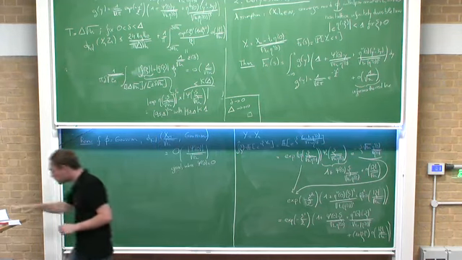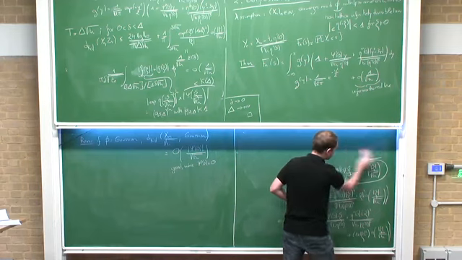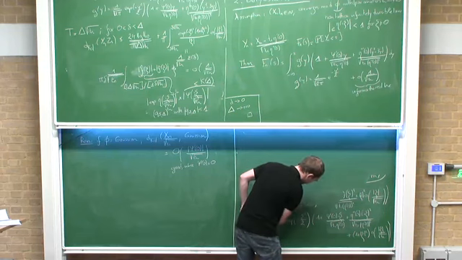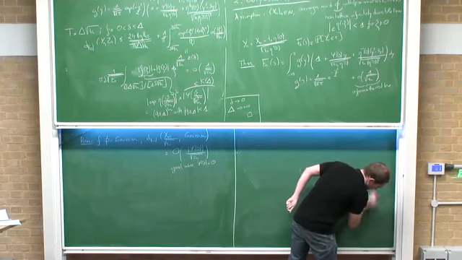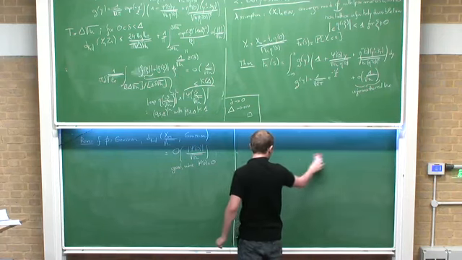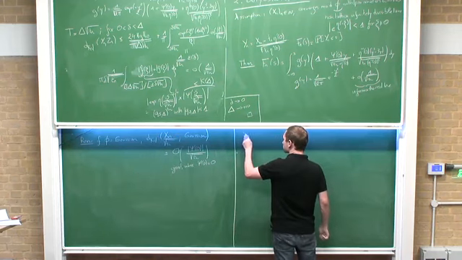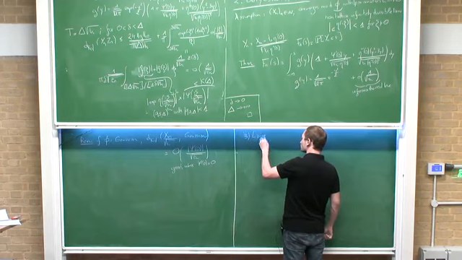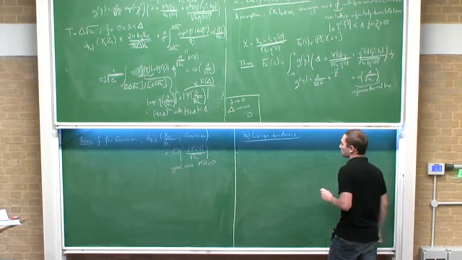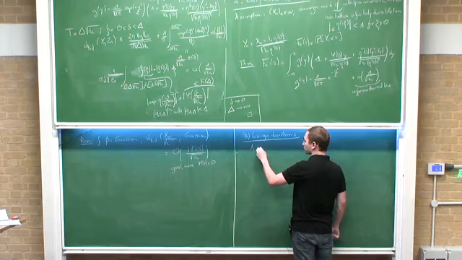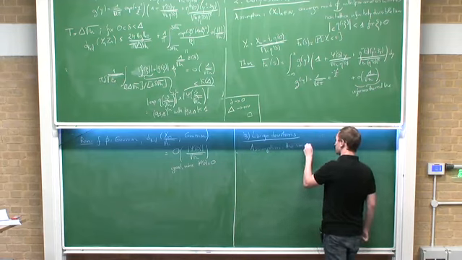So do that here. Okay, so the assumptions are the same as in section 2, the same as for variation estimates.